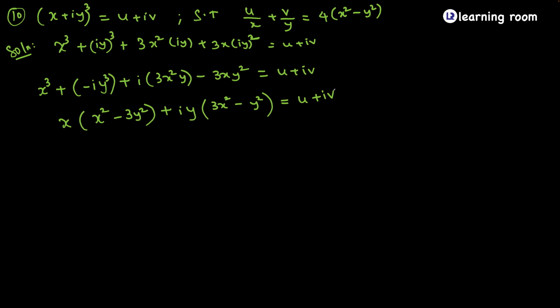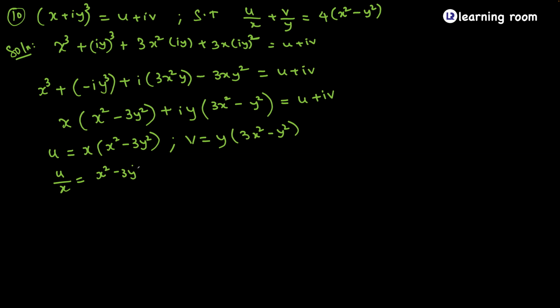Comparing the complex numbers on both the sides, u will be equal to x into (x square minus 3y square), and v will be equal to y into (3x square minus y square). They need u by x, so bring the x to the left hand side. So u by x is equal to x square minus 3y square, and v by y is equal to 3x square minus y square.